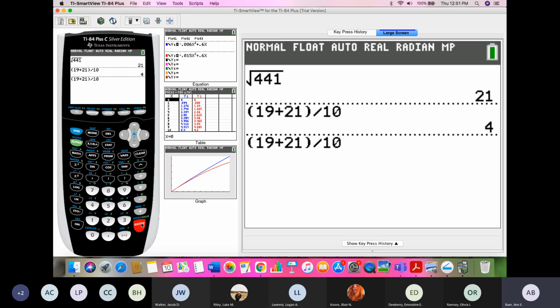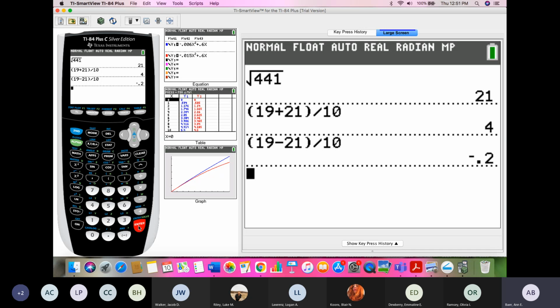And all I have to do is use this left arrow key, go over the plus sign, and put a minus and click on the minus sign. And now I'm just checking it to make sure that's really what I want, and hit enter.